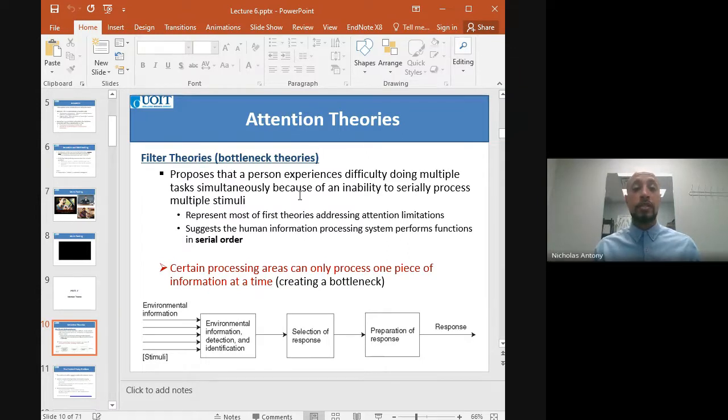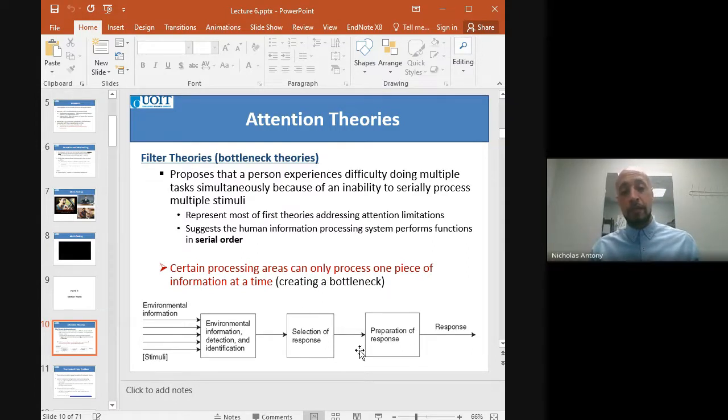What they propose is that people have difficulty doing multiple tasks simultaneously because there is an issue with serially processing multiple stimuli, meaning that there's one area of the brain that can only process one thing at a time. So therefore creating a bottleneck. That's what's called a bottleneck theory.